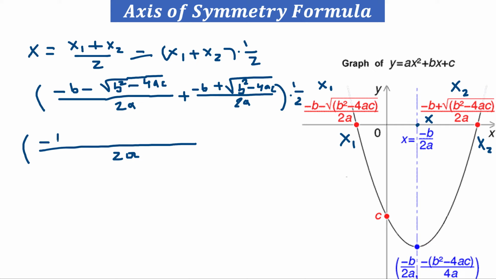The numerator is minus b minus the square root of b squared minus 4ac, and the other part is plus minus b plus the square root of b squared minus 4ac.